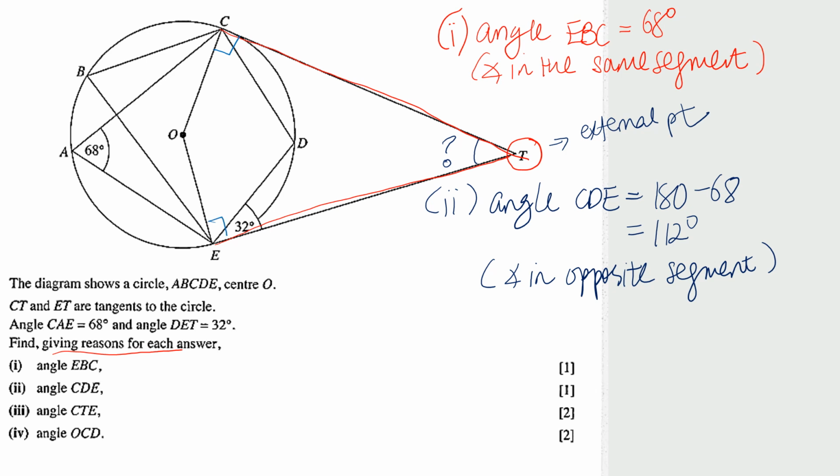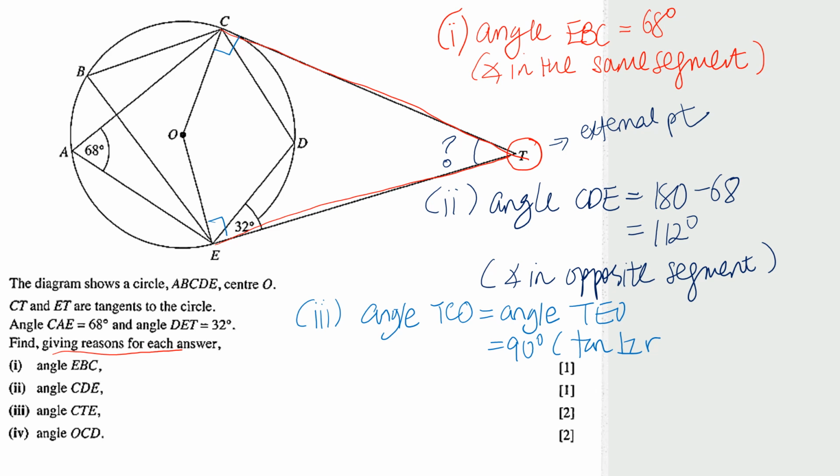Okay, so let's write down the reason first. Part 3. Let's write down that angle TCO equals angle TEO equals 90 degrees, and the reason is because tangent is perpendicular to radius.